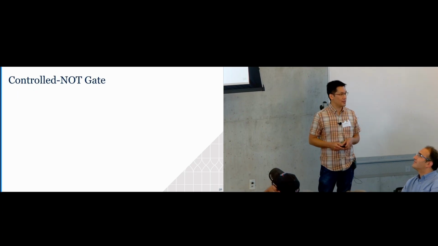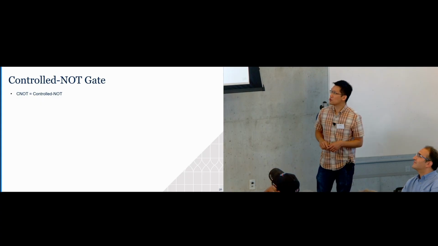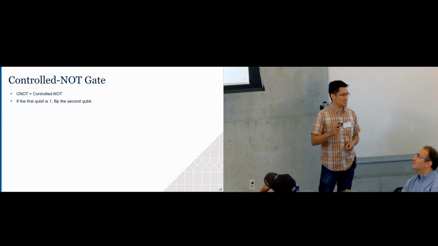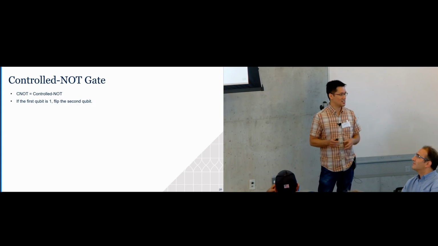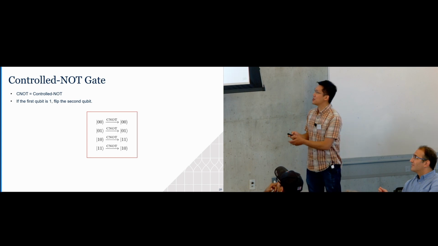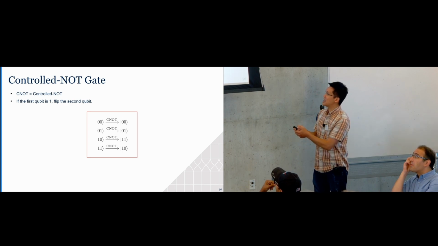Now let's look at a 2-qubit gate. This is called a control NOT or CNOT gate. What this does is if the first qubit is 1, then it flips the second qubit. Otherwise, it does nothing. So it does a flip or a NOT conditioned on the first qubit. If you look here, the left qubit is 0, so nothing happens to the right qubit, so it stays 0, 0.